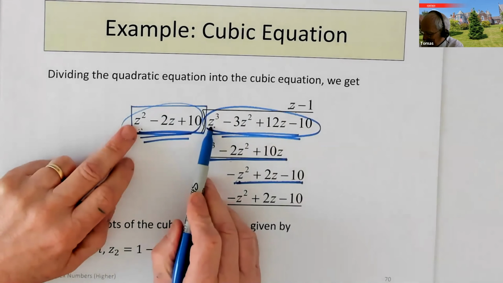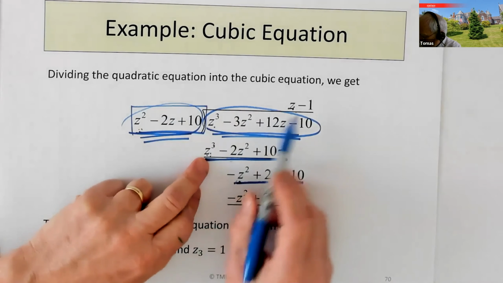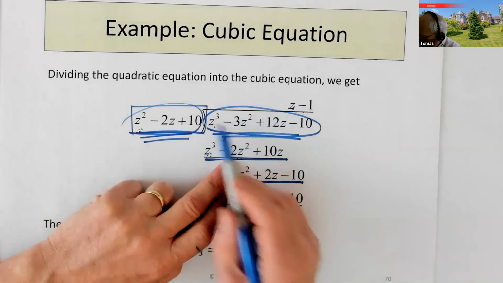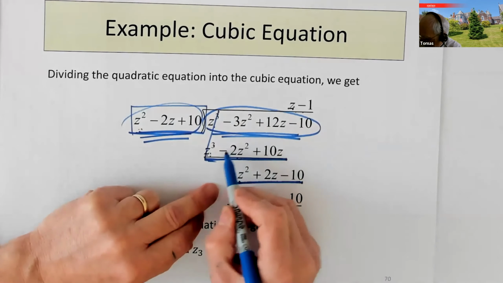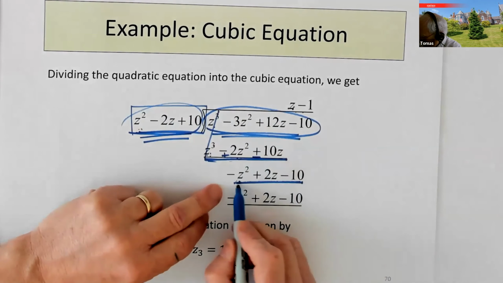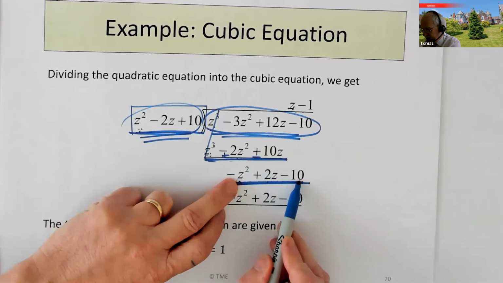So z squared into z cubed goes z times: z cubed minus 2z squared plus 10z. I take one from the other, the 2 from the 3, that becomes a plus, that becomes a minus. I'm now left with minus z squared plus 2z minus 10.